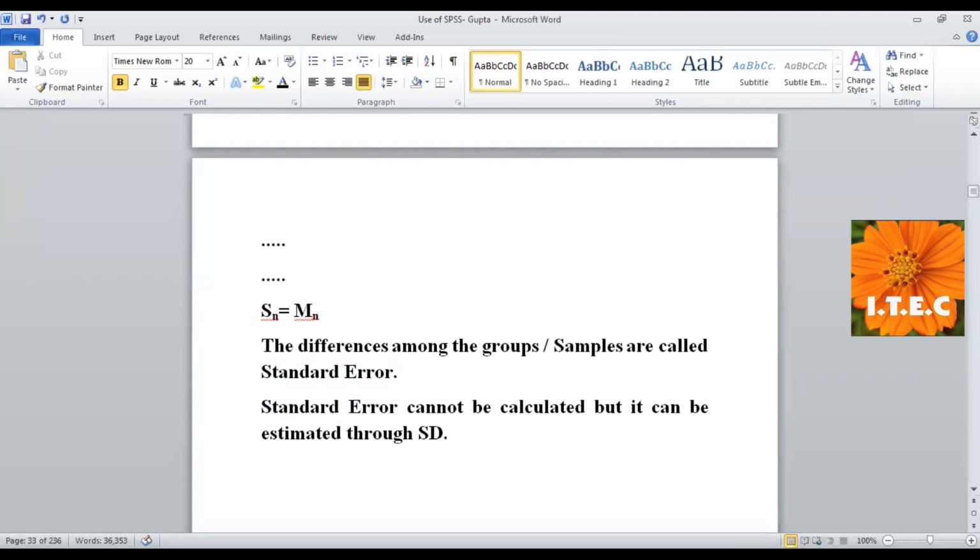And that is why we have the formula for estimating the standard error of mean. So you can estimate the standard error of a mean and you know it is standard deviation divided by square root of n.